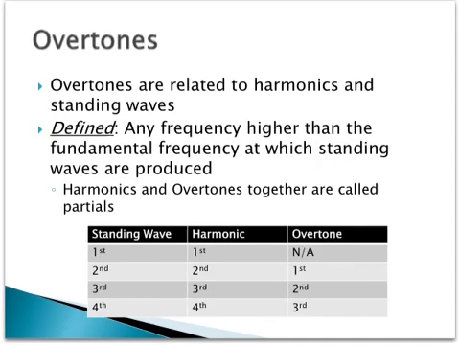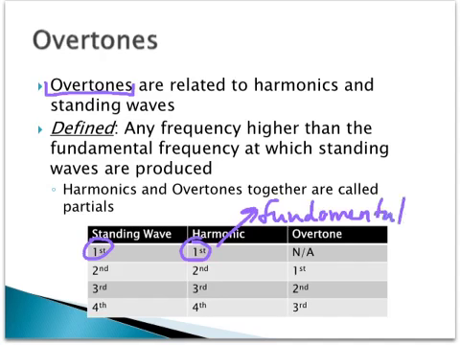We can also relate this to something else you might have heard, known as overtones. Overtones and harmonics are really the same thing, slightly off. Overtones take into consideration a fundamental frequency. The first standing wave, the first harmonic, represents that fundamental frequency. Any other frequency besides the fundamental is known as an overtone.